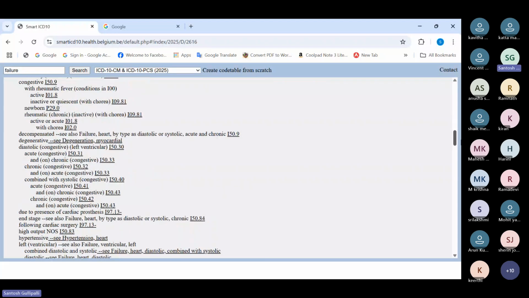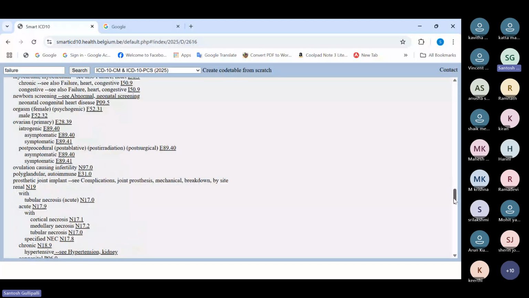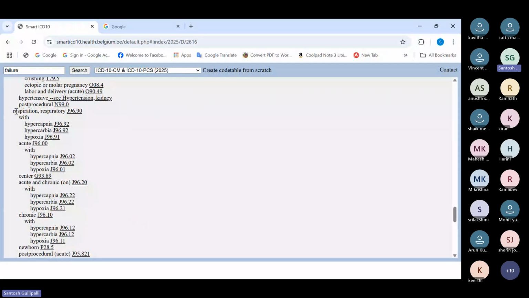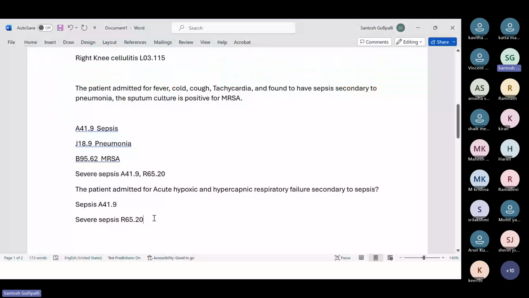Acute with hypoxia is J96.01, acute hypoxic respiratory failure.